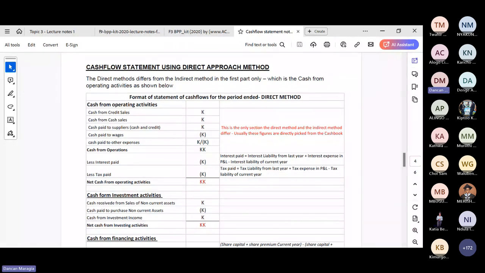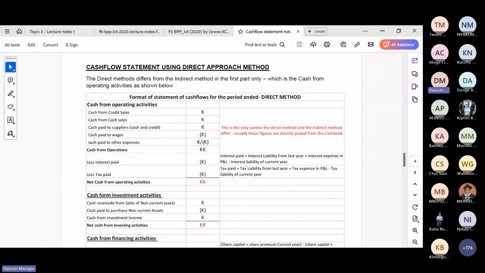So when we are looking at operating activities, we have said you look at cash from credit sales, cash from cash sales, cash paid to suppliers, cash and credit. You can combine or divide them, so it can show in two lines or one line. That's what I mean by dividing them into their different categories, cash and credit.